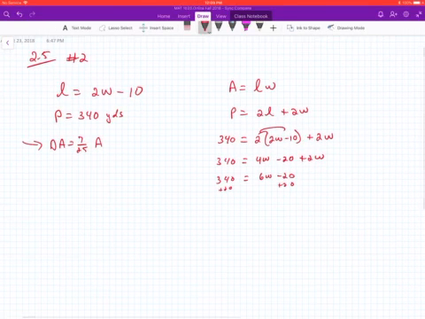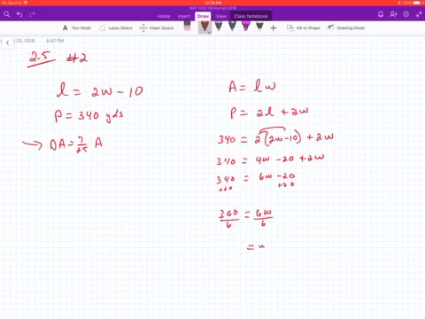And so I end up with 6w is equal to 360. Now I have to divide both sides by 6, and I get that the width is equal to 60. So the width for this particular field is equal to 60 yards.